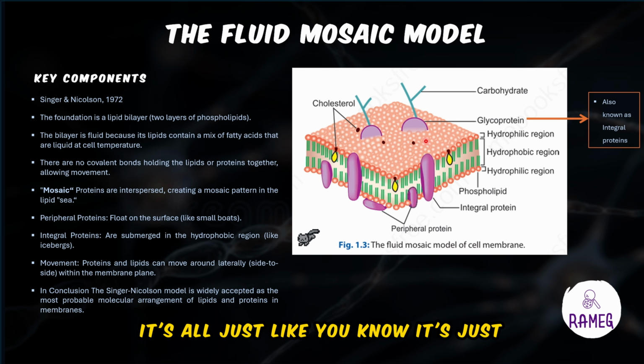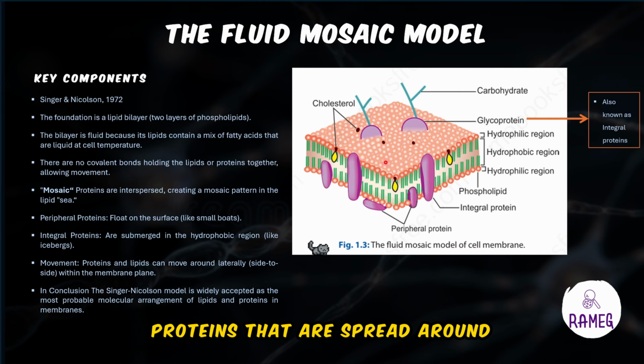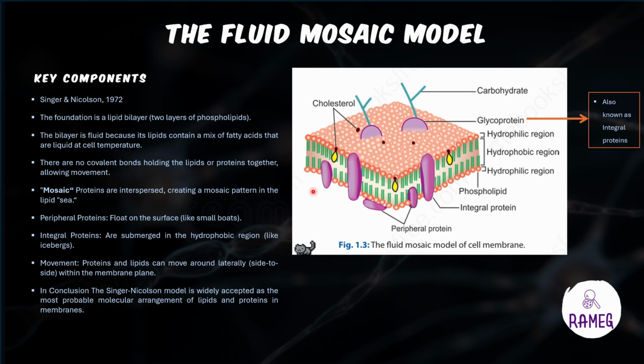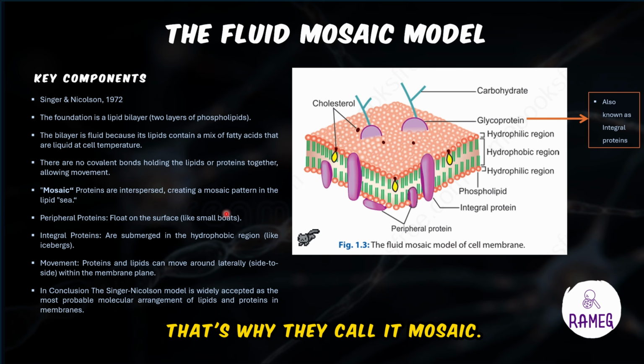It's just all together, that kind of thing. And the reason they say it's mosaic is because of all the proteins that are spread around the cell, creating some kind of a pattern. That's why they call it mosaic.